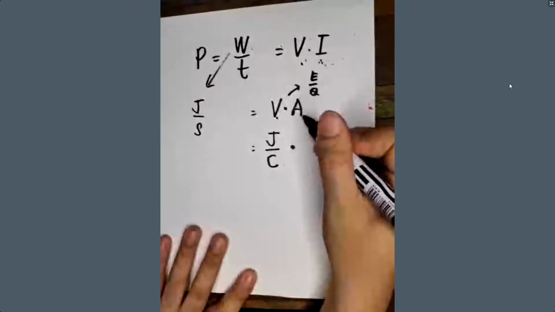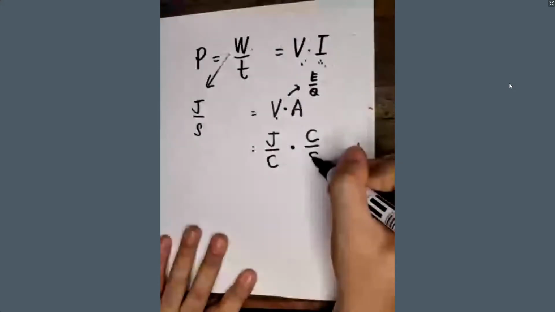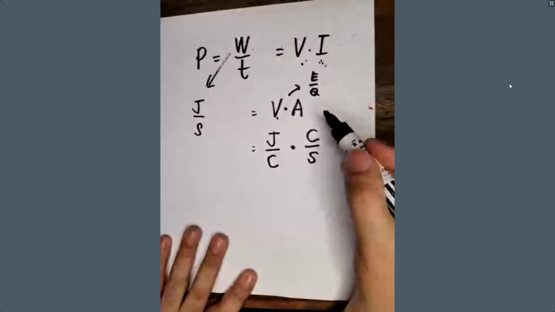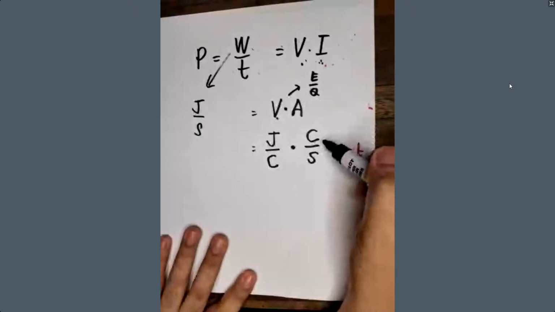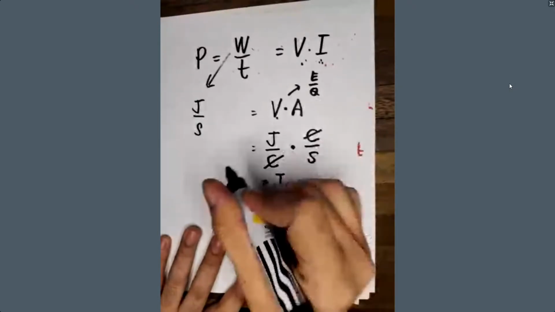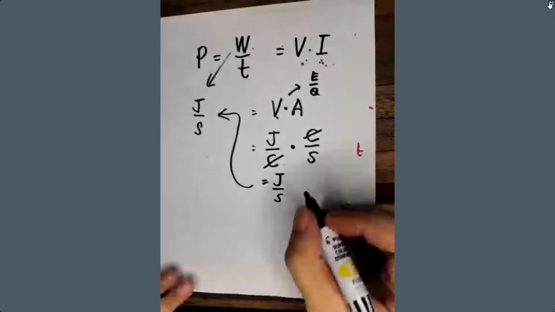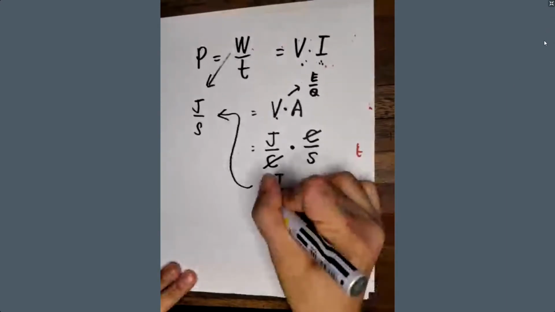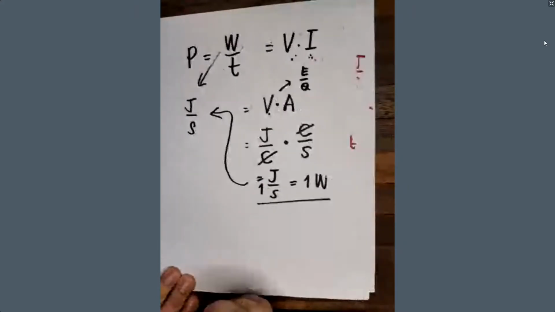Yung current naman or ampere is the amount of charge per unit time. Kasi nagkaroon na ng current pag merong movement ng charges. So that is coulombs per second. So we'll cancel coulombs. So we'll have joules per second, which is also equal to work over time. Kaya, ang 1 joule per second is also equal to 1 watt. Okay, 1 joule per second is equal to 1 watt.